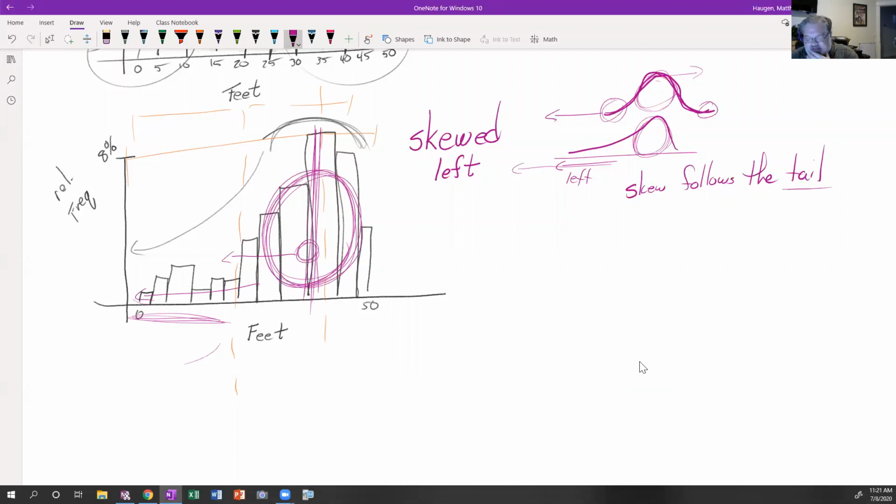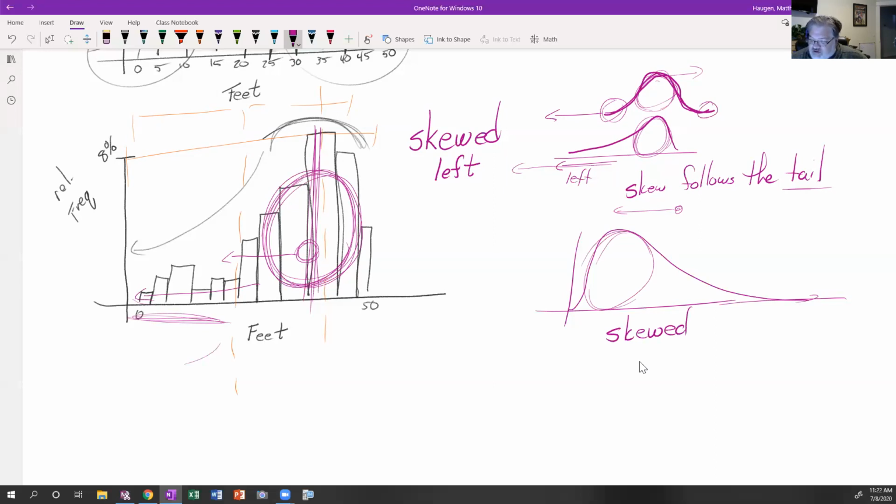So for some of us, that can help as we try to remember what we're looking at when we're looking at skew. Because it is really common and really easy to look at a graph like that and go, well, this data is pulled towards that left side, the big hump of data on the left. But what direction is the skew here?